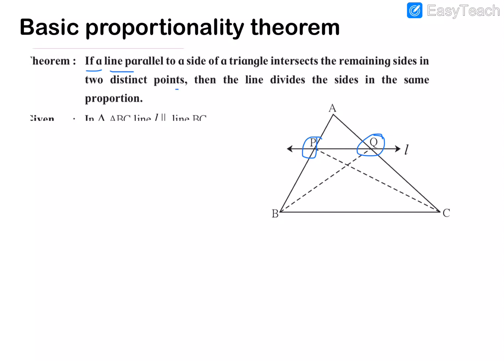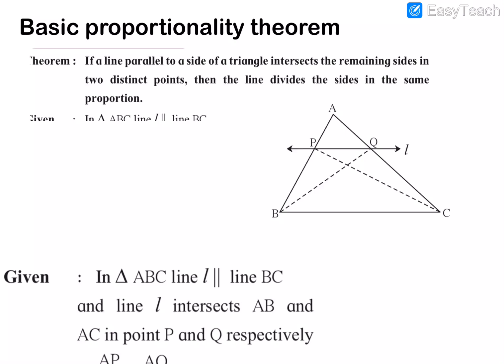Now we can look at the proof of this theorem. First we can see what is given in the theorem. The if part is given, that is, in triangle ABC, line L, which you can see marked in this figure, is parallel to the side BC.